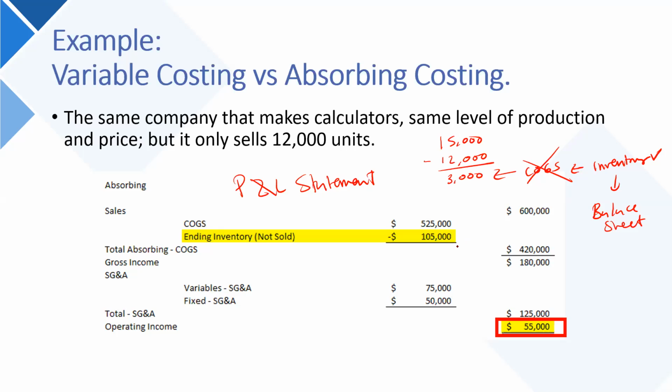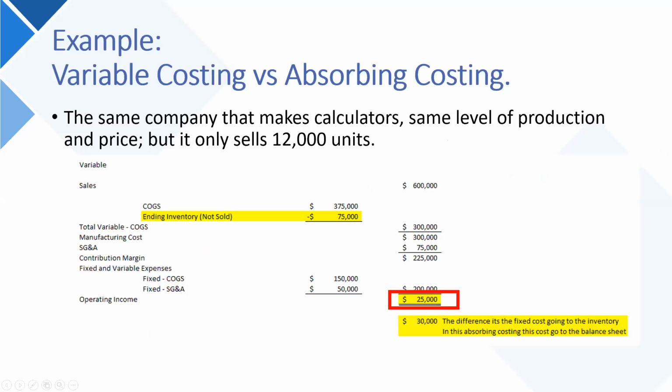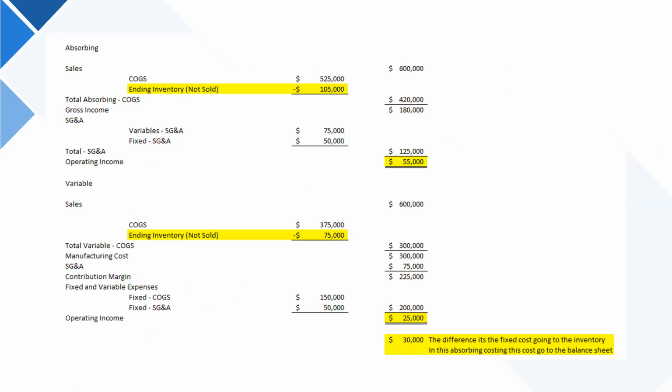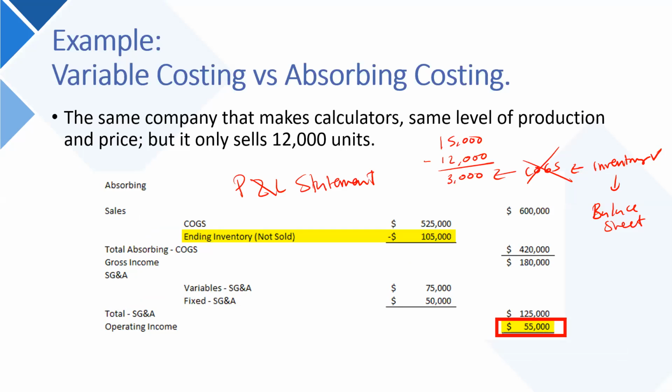Now, how do we know it's 105,000? Well, wait, let me see if I put the answer here. We know it's 12,000 units that we sold. That means that 3,000 units were not sold.